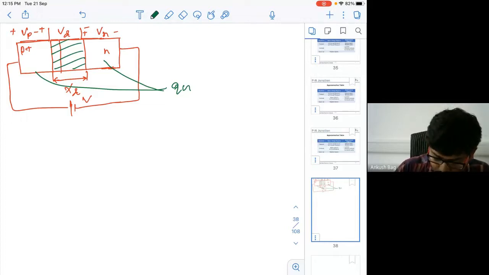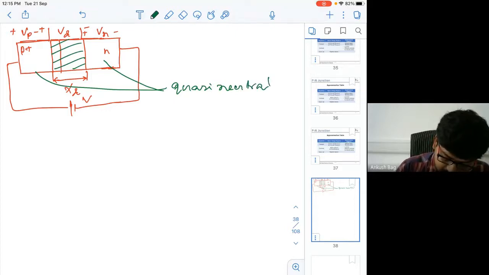This is called quasi-neutral region because it is not exactly under equilibrium, since we will see in the coming discussion that there will be changes in the carrier concentration under biasing. That is why these are not neutral regions but are called quasi-neutral. That means there is a slight change from the neutral condition. So this is quasi-neutral, and this region, as you know, is called the space charge region.